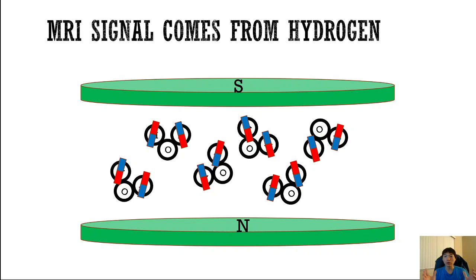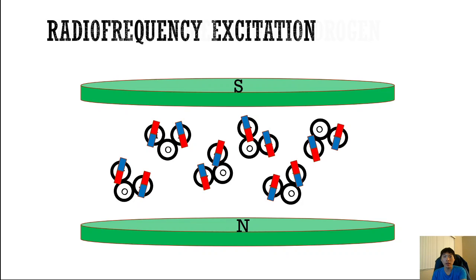And so overall, the signal from all of these different hydrogen nuclei gets canceled out, and we see no net magnetic signal coming from them. So what we do is we use a radio frequency. This is at the lower end of the electromagnetic spectrum, at the lower energy range.